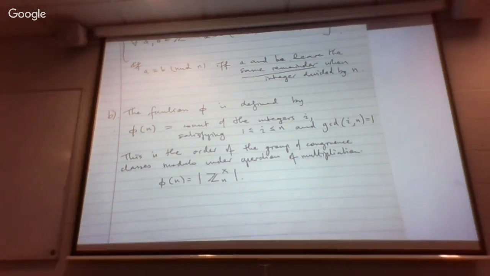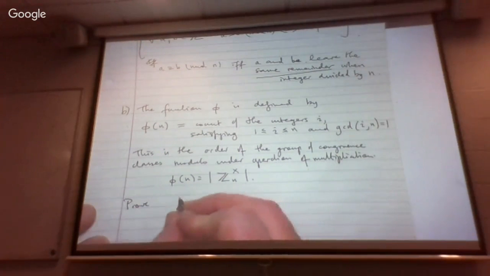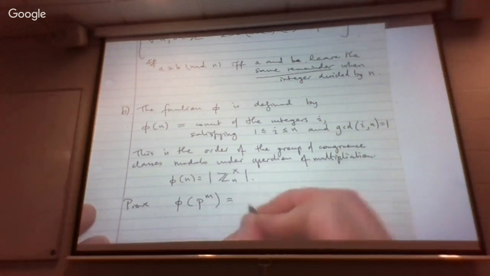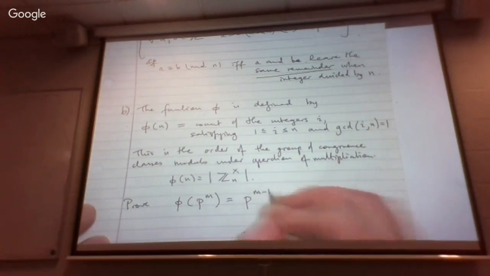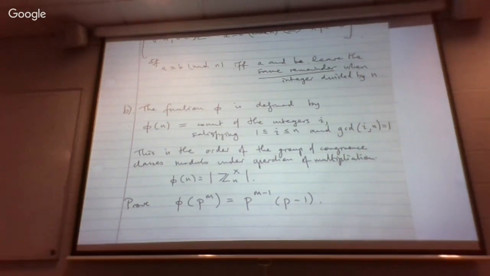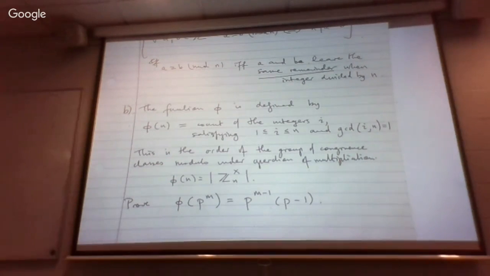Okay, so the proof part is to prove that phi of the power of p is equal to this expression here. It says n in the question. We're going to switch to m just not to confuse it with the n that's mentioned there.